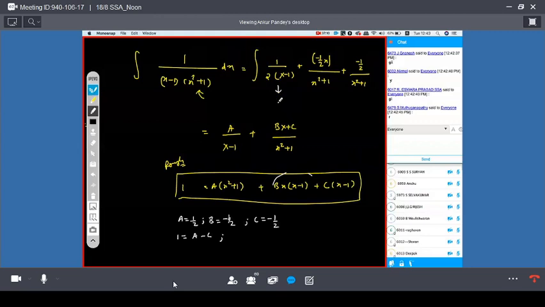You can very easily minus 1. By substitution, this is logarithm of minus 1 by 4 log of x square plus 1. And without substitution, this is negative 1 by 2 tan inverse x. Right?